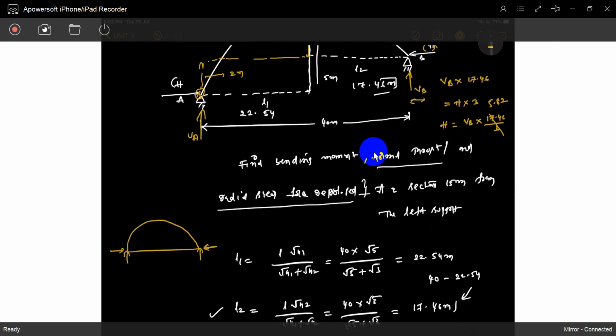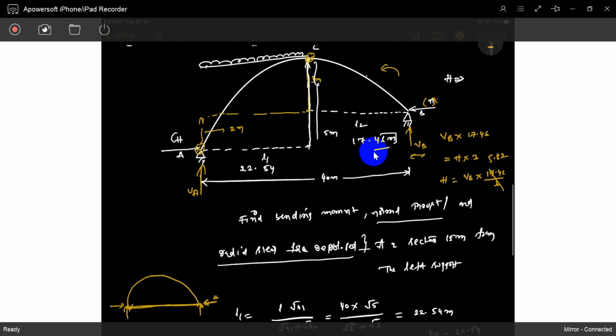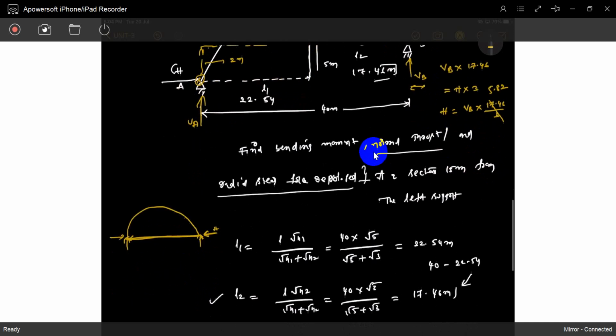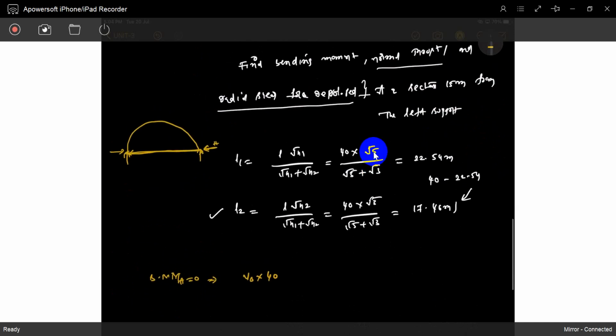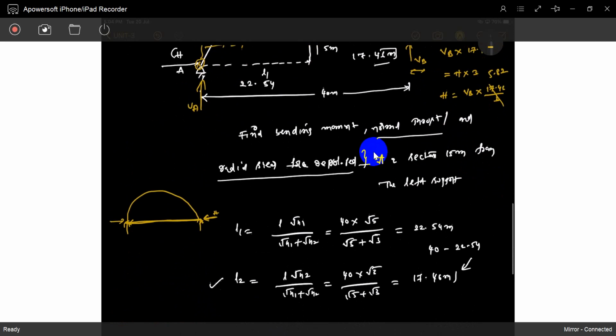In the previous model, H passed directly through the support A, so there was no perpendicular distance and no moment from the horizontal reaction of the other support. But in this problem, the two supports are at different levels, so the horizontal reaction compulsorily exerts a moment. So VB into 40 and H into 2 are in the same direction.